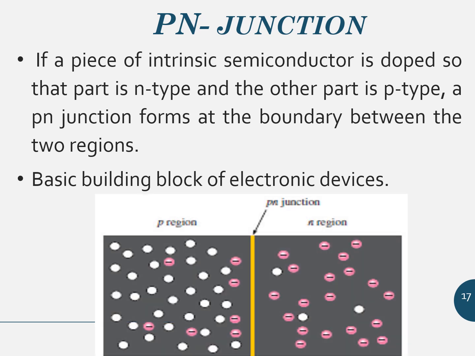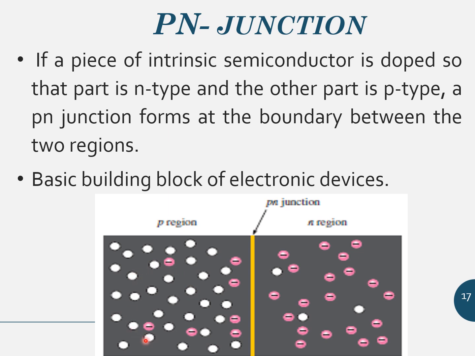Now, look at this figure. This is the basic silicon structure at the instant of junction formation, showing the majority and minority carriers. This is N region, where the majority carriers are free electrons. This is P region, where the majority carriers are holes.